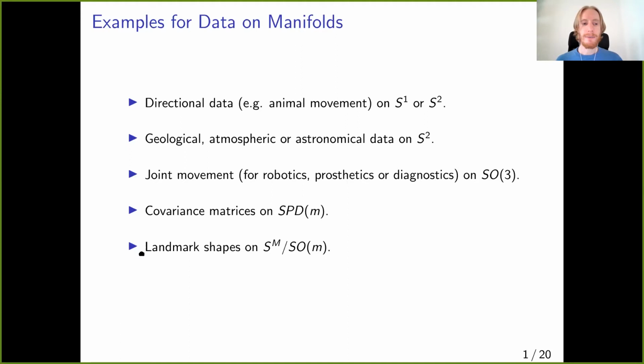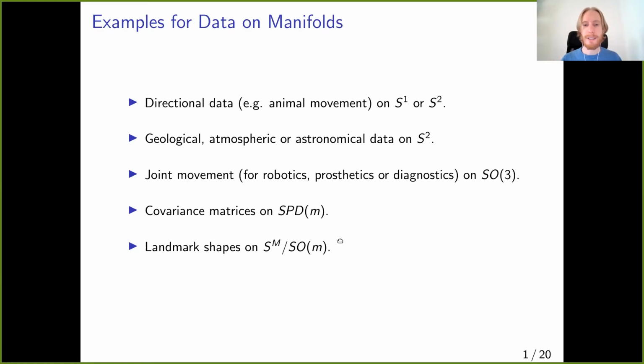Another example are landmark shape spaces, where one tries to represent a shape in a vector space by specific landmarks. For example, for facial feature detection, this is often used. Landmarks could be the inner points of the eyes, the outer points of the eyes, the tip of the nose, the tips of the sides of the nose, and so on, right?